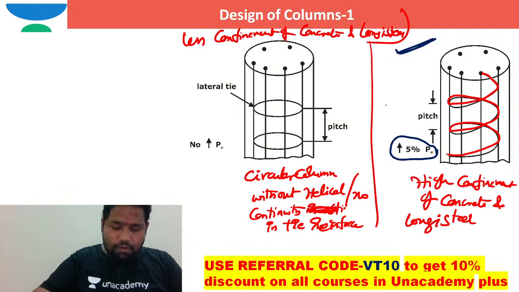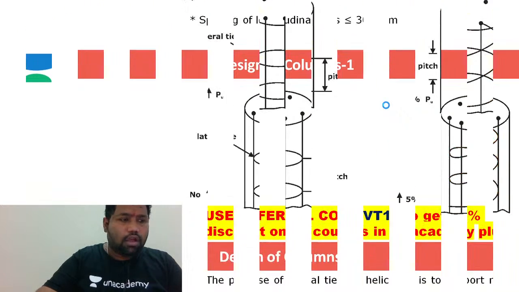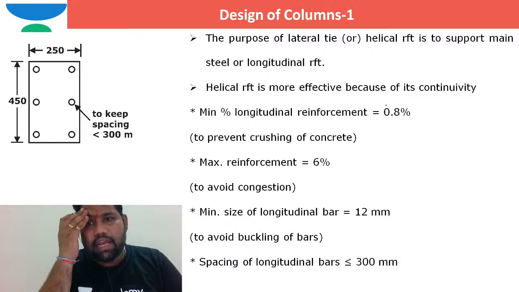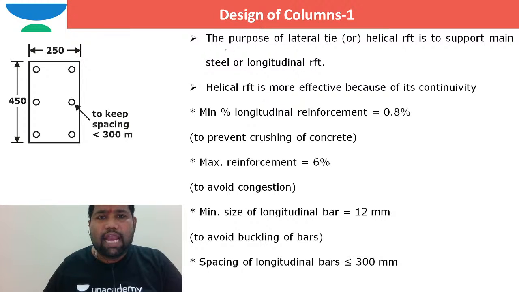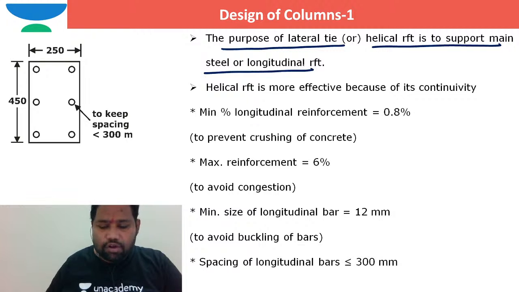Right. Some people will also ask, okay sir, why is the helical reinforcement better? What is the purpose of this lateral tie or helical reinforcement, brother? The purpose of lateral tie or helical reinforcement is to support the main steel or longitudinal reinforcement.